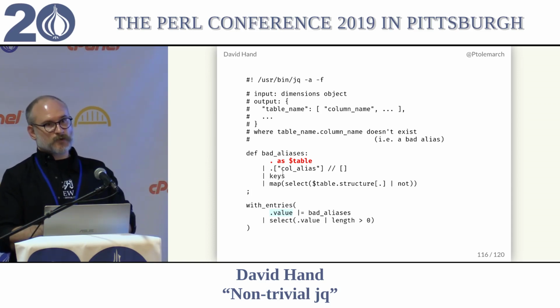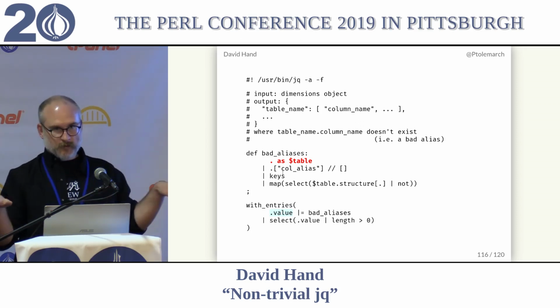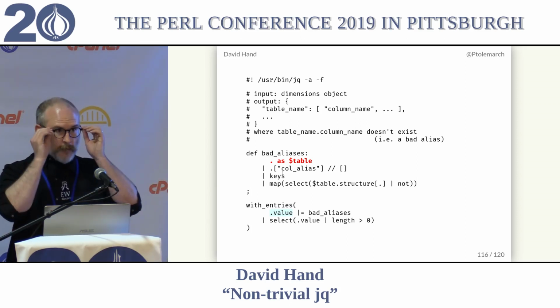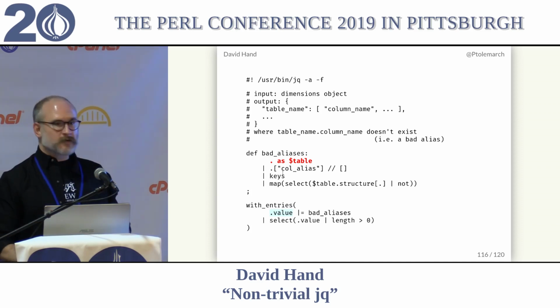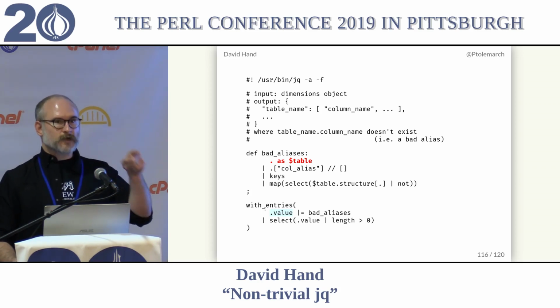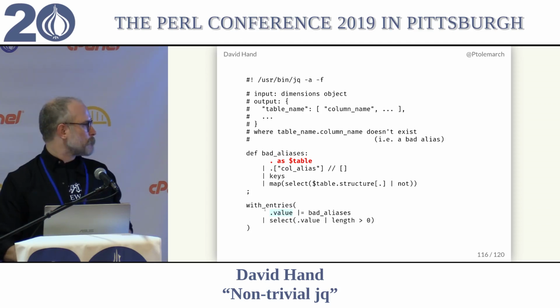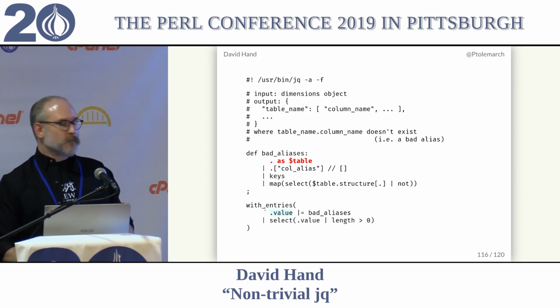I don't actually want to return the tables that have all good aliases, I just want the broken aliases. So this with_entries basically filters out the tables that either have all working aliases or have no aliases at all. Okay, that's what that with_entries is doing. So value has to exist and have a length of greater than 0.